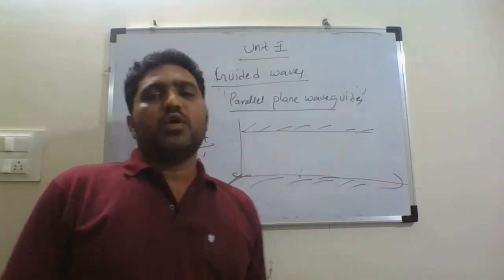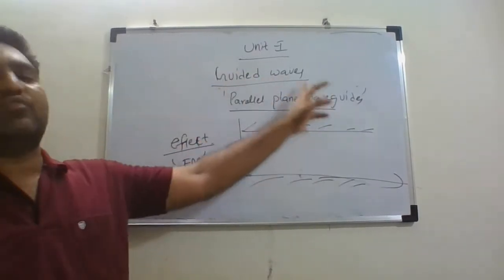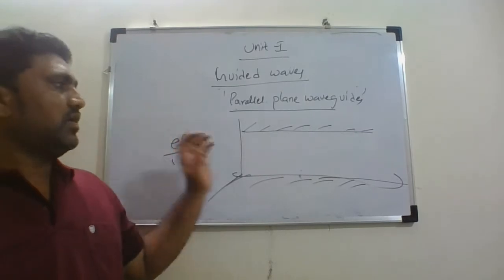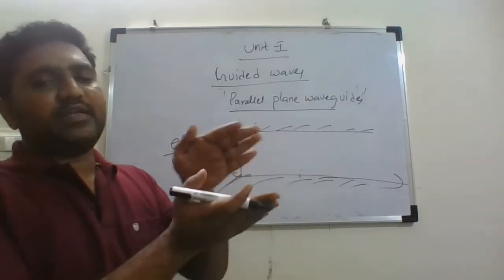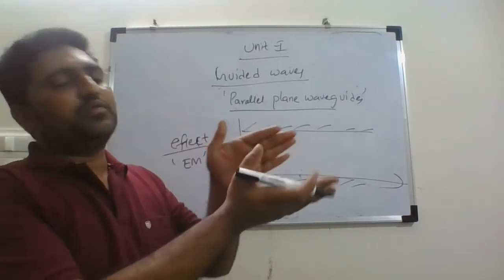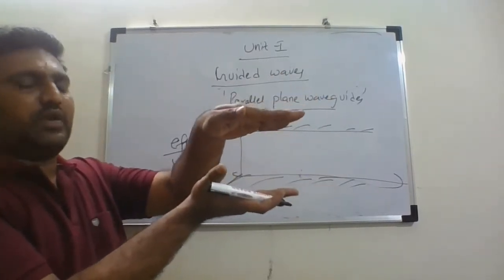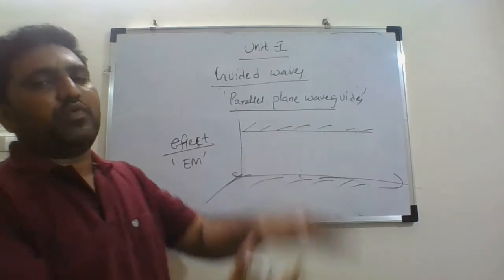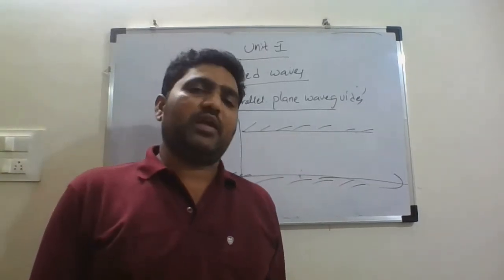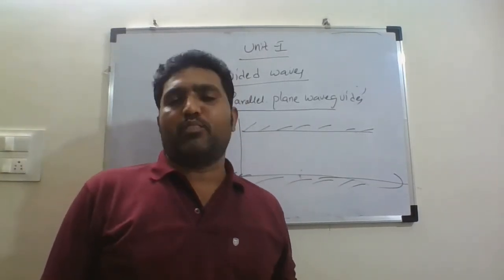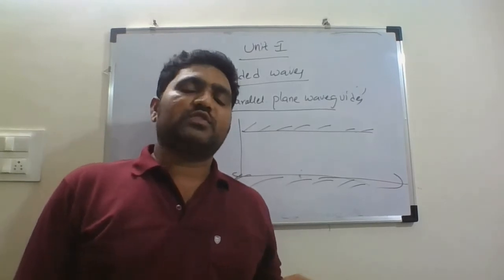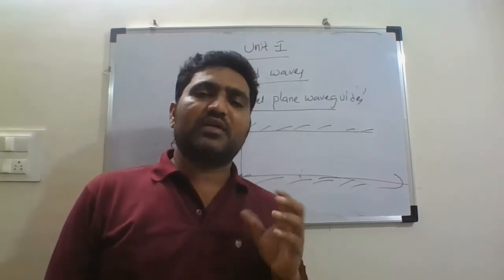That's what we call guided waves. Guiding here means the wave is guided inside the two boundaries. It is not unbounded; it is bounded like this. So inside a boundary, how does the EM wave propagate? What are the field components? How does the field vary? How does the electric field vary?